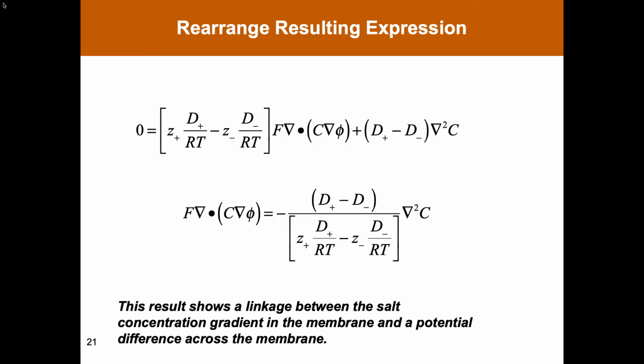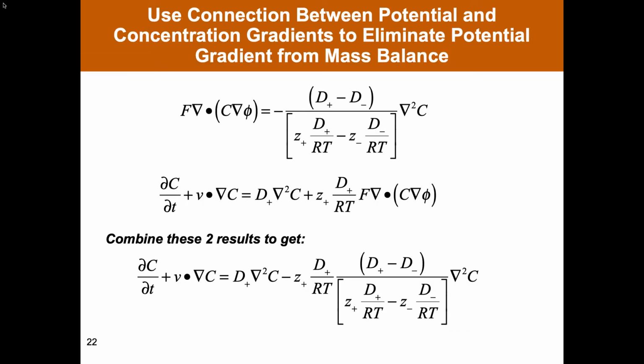We can take this result now back to the overall mass balance, for example, for the cation. Could also do this for the anion. And we now have an expression here for the electric field that writes it in terms of the concentration. And so we will replace this term with this one.